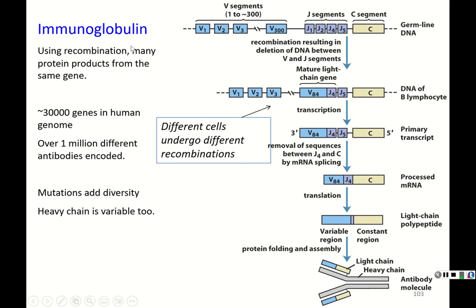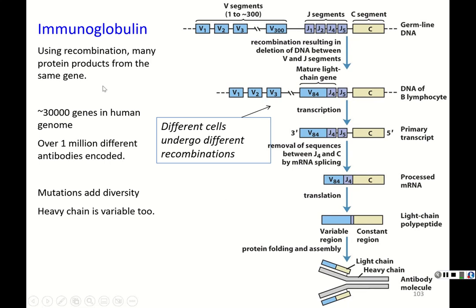Immunoglobulin is another one that's involved in recombination, and it's involved in a different way. It's using recombination to create genetic diversity, and the genetic diversity is important because it allows it to make very many different types of antibodies that can then attack many different foreign invaders into our body.